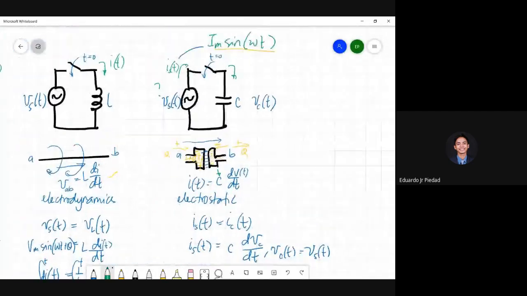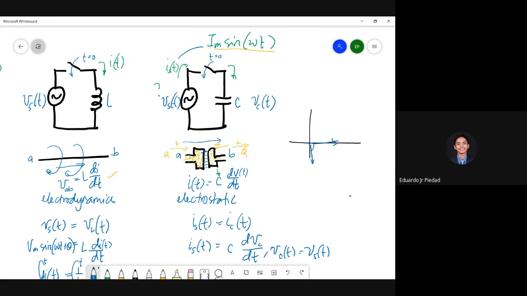There's always small resistance, and because of the small resistance, the angle difference is always lesser than 90 degrees.